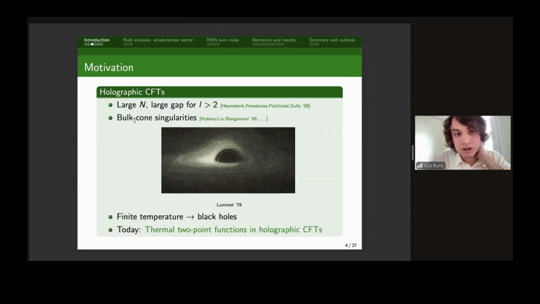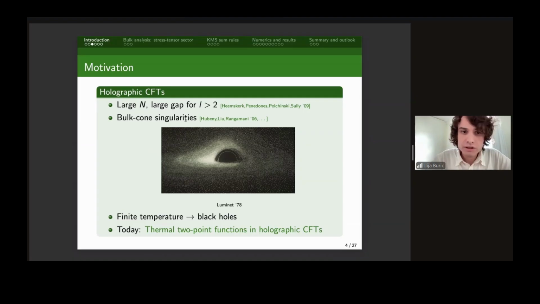Also, in the thermal context, there are so-called bulk cone singularities, which appear where you can connect two insertion points by a null geodesic in the bulk, as opposed to just a null line on the boundary.